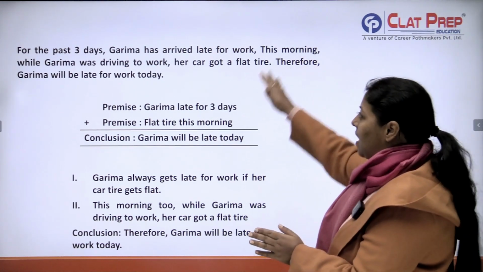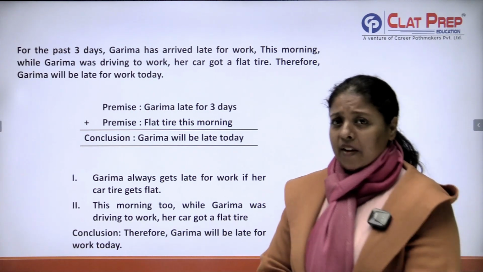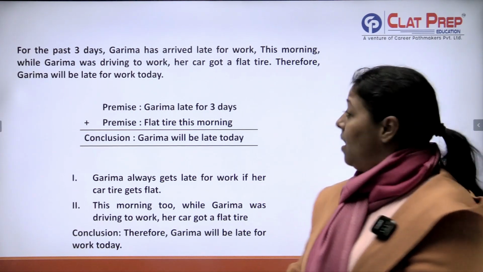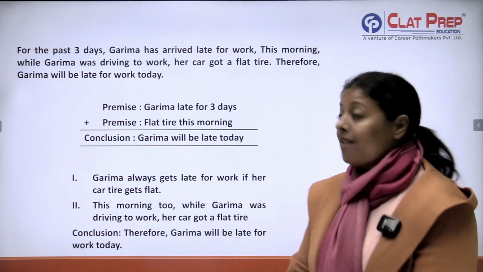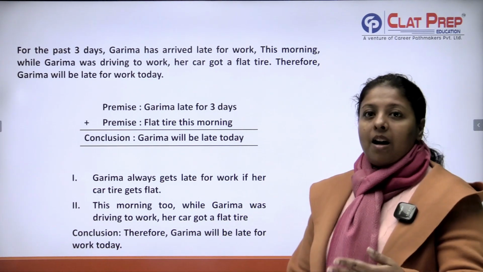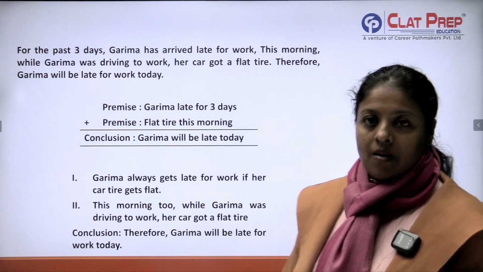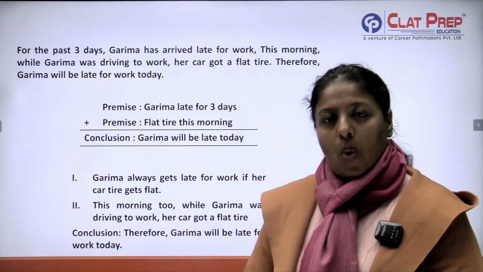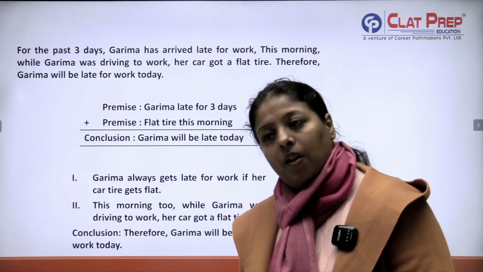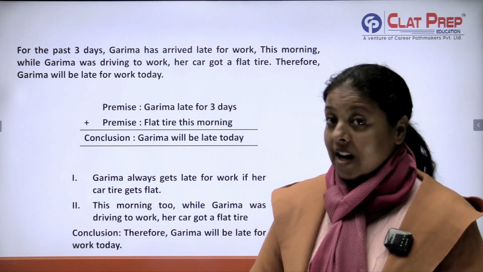Today, this instance happened. So, can I with 100% certainty conclude that today also Garima will be late? No, I cannot. There is a chance that Garima's office is at walking distance, and even if the tire got flat, she walked and reached the office on time. There is a fair chance, right?